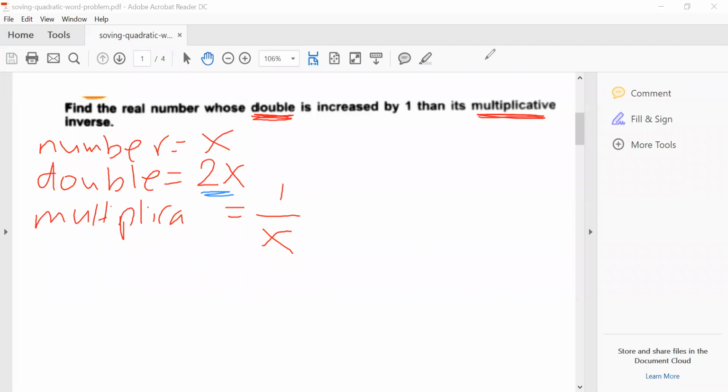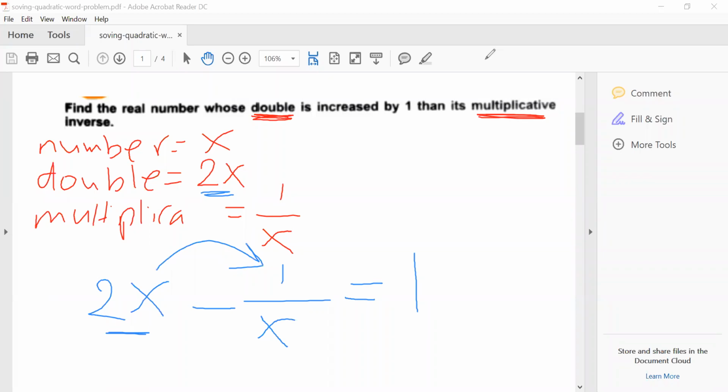It will be the double. Yes, the double is increased, so the double is at the beginning. It means that the double is more than the multiplicative inverse by 1.